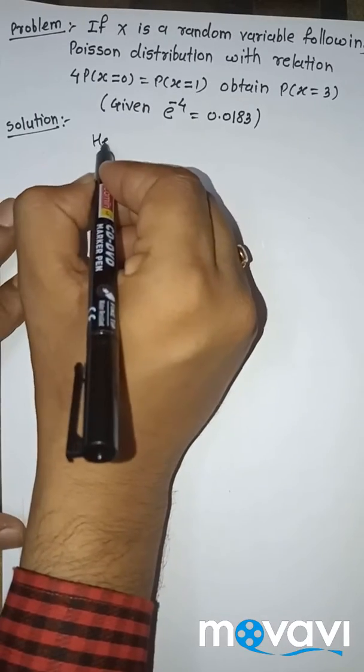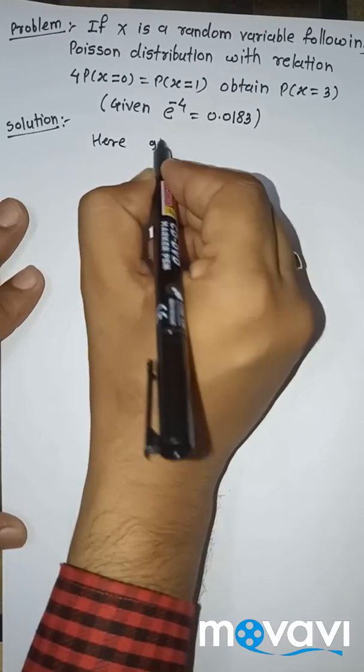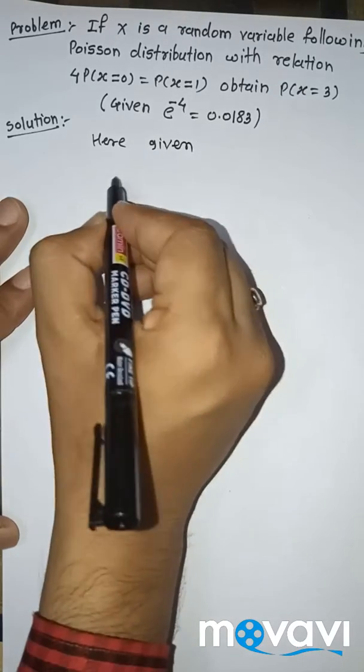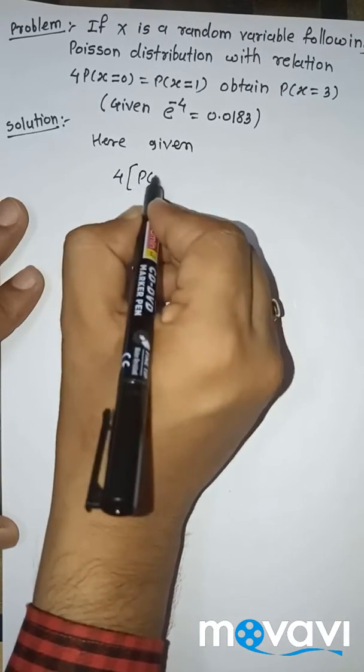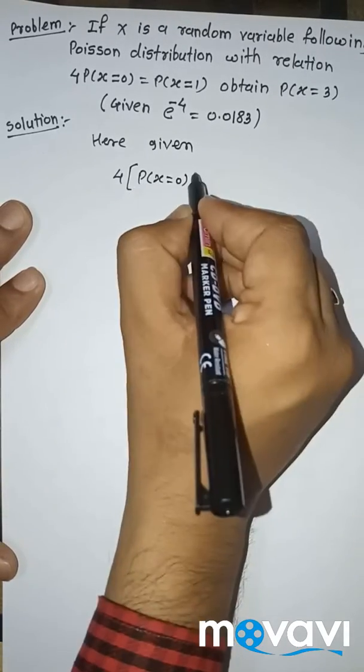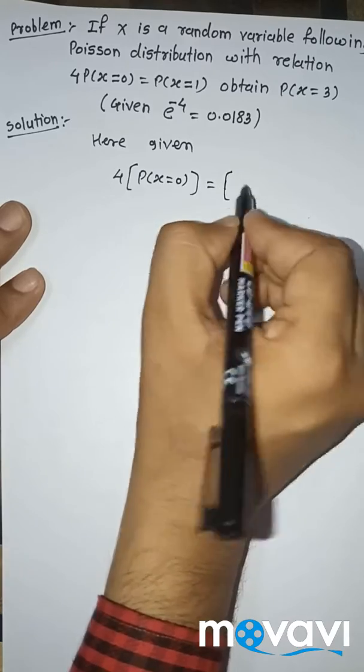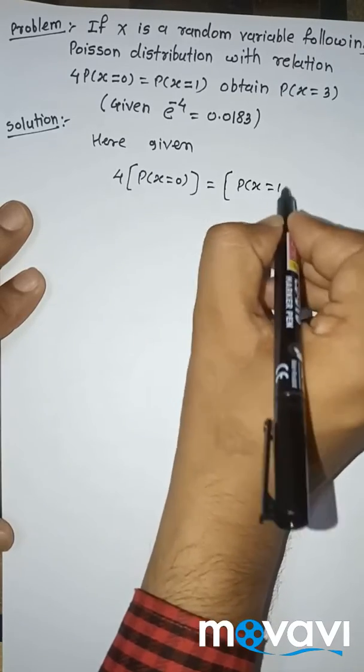Here given 4 into probability of X equal to 0 is equal to probability of X equal to 1.